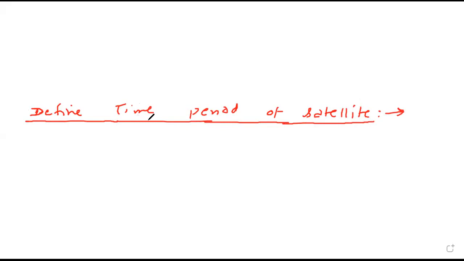Whenever we talk about period, that means something which is repeating, that is periodic. When a satellite revolves around Earth, it will repeat its path again and again.